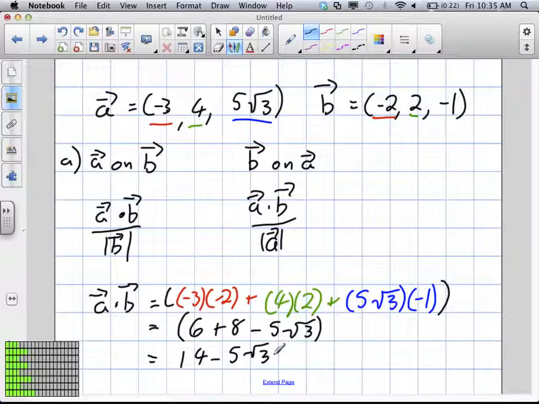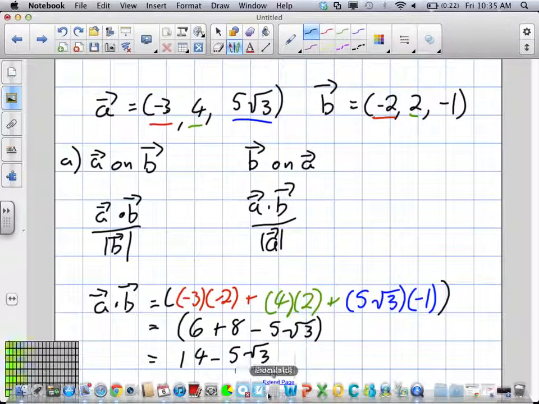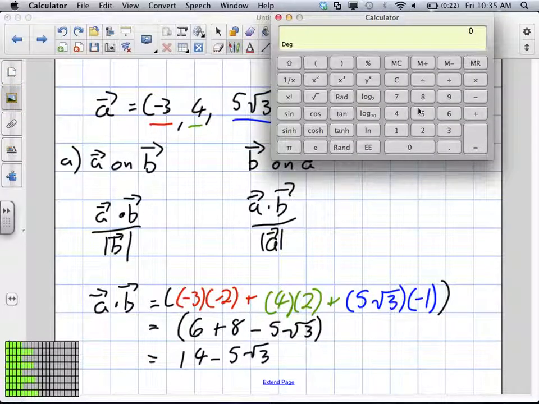I'm guessing they're going to go with an actual number here, so let's calculate this in their calculator. Root 3 times 5. All right. We're going to say 8.66, so 14 subtract 8.66, 5.34.